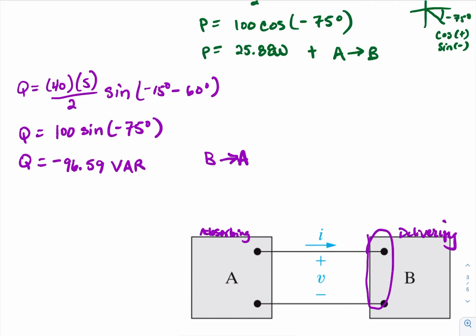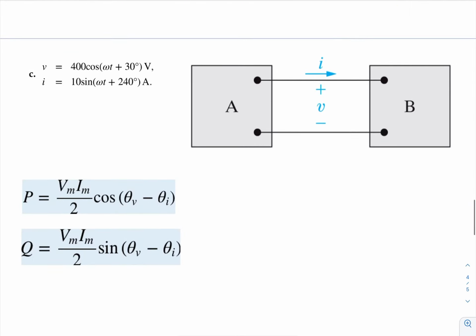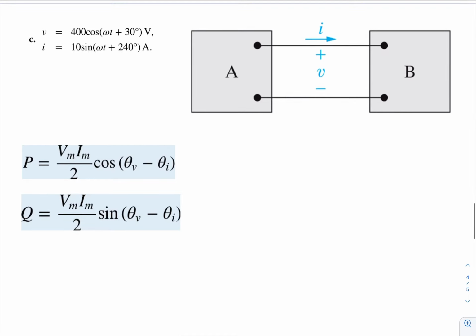All right, let's move on to C. In this case, our current is expressed in terms of sine, so let's change that to cosine.